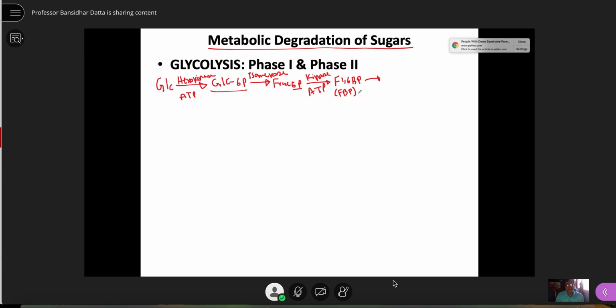Fructose 1,6-bisphosphate, FBP, with the help of the enzyme aldolase, is cut into 2 pieces. One is called dihydroxyacetone phosphate.